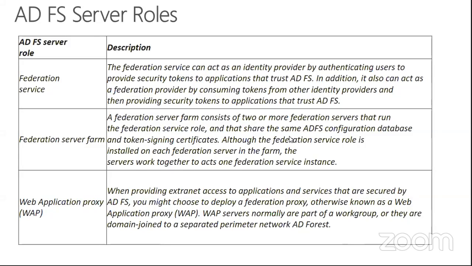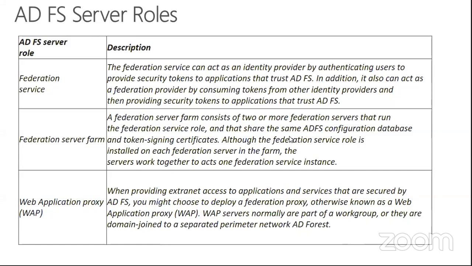Federation service is actually the ADFS server role, because in a Windows Server environment, every capability you achieve is achieved by installing a feature or a role. So ADFS is nothing but a role in Windows Server, and Federation Service is the service that does that.